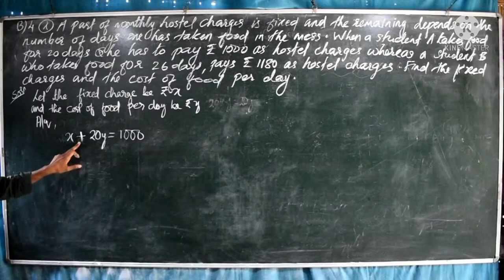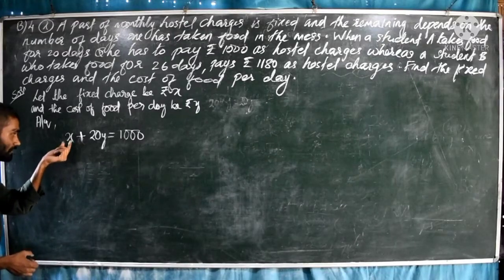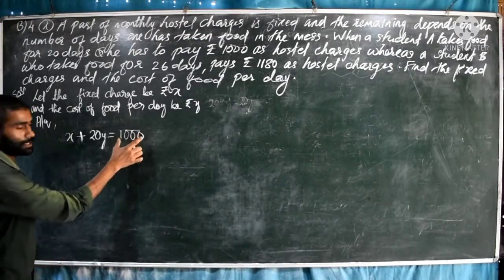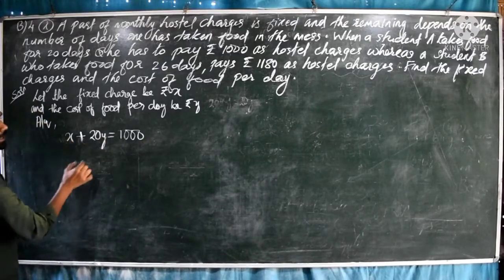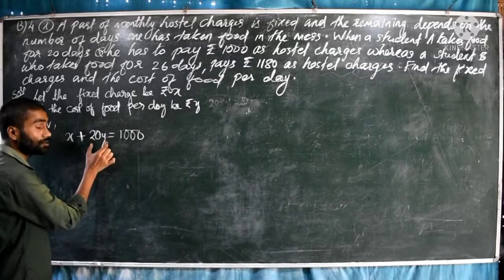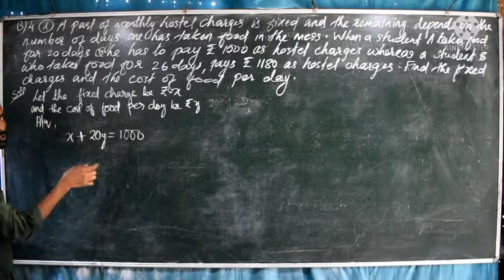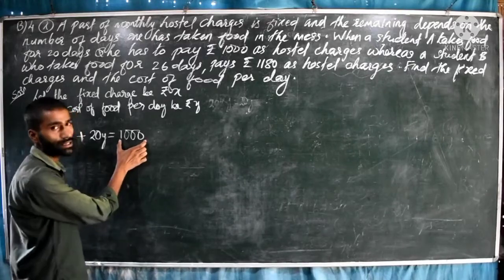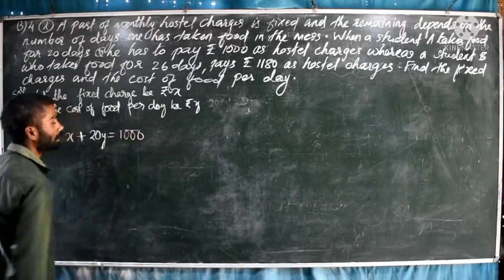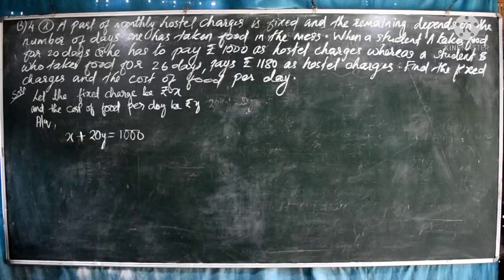Why we have added here: 1000 is the total amount that she paid, and this X is the fixed charge, and this 20Y is the charge of the food that she took there. That means if we add them, then she paid a total of rupees 1000. Now we will form the second condition.